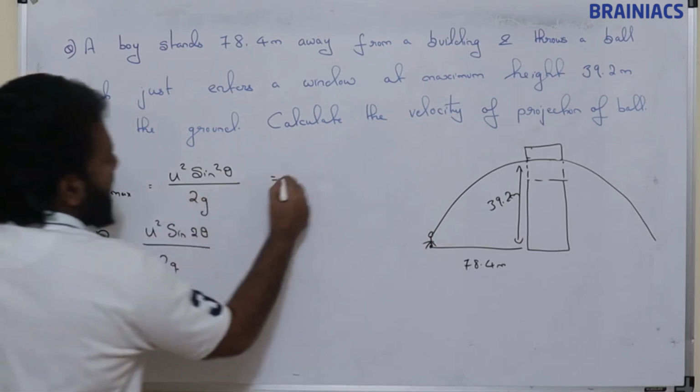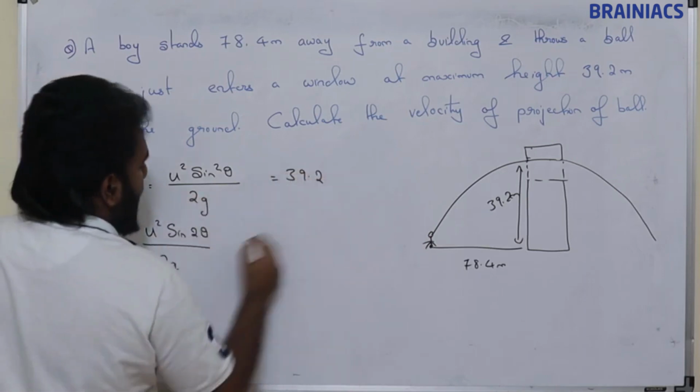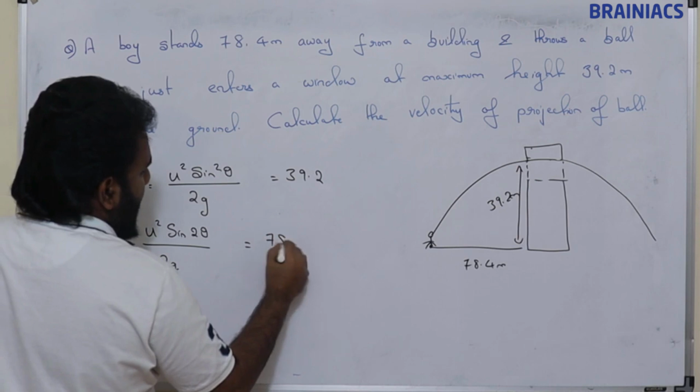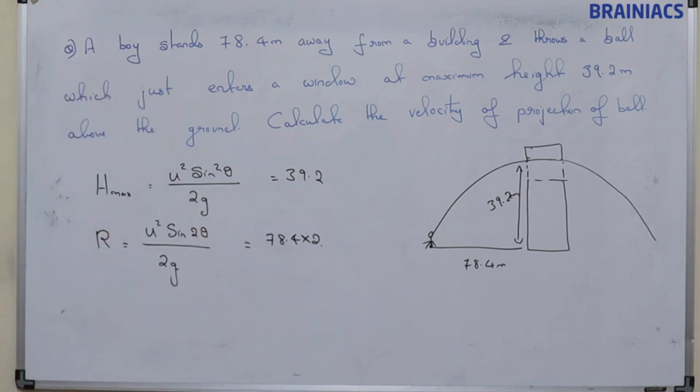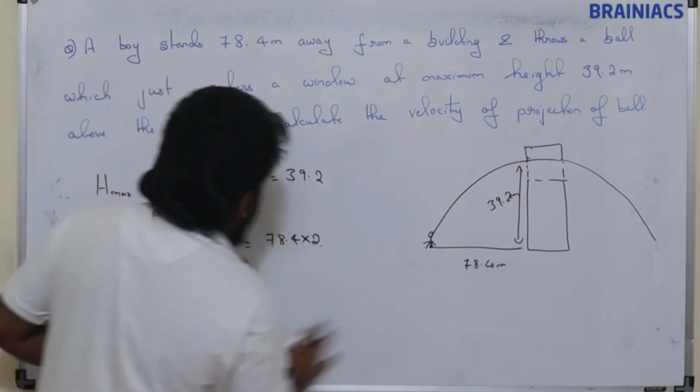So H max is 39.2 and range is 78.4 into 2, correct? According to the question. Range will be 78.4; it is not directly given, but at least they have given this data.